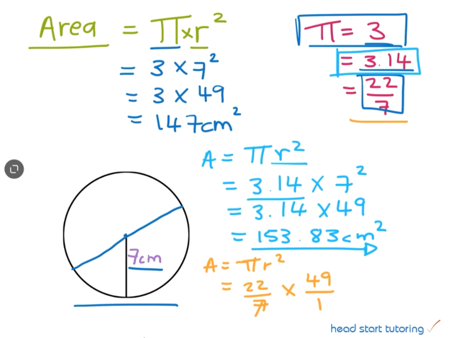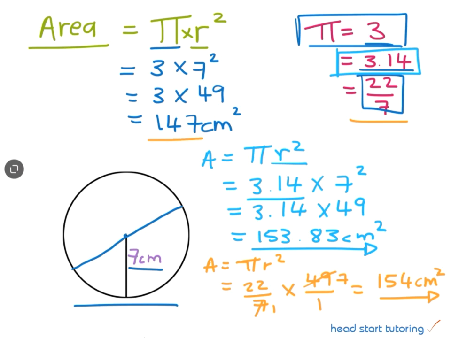Then you can cross cancel 7 into itself once, 7 into 49 goes 7 times, and then you work out 22 times 7 and 1 times 1, and you end up with an answer of 154 centimeters squared, 154/1, which is equal to 154, and then our measurement is again centimeters squared.